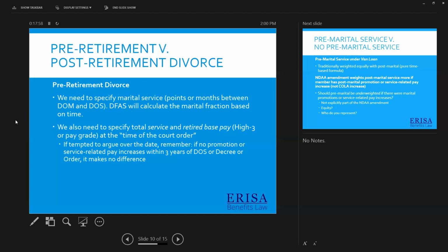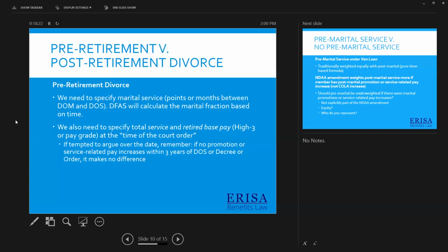So if you have somebody who has capped out and isn't getting any pay increases due to additional service, and hasn't had a promotion in the 3 years before the date of service or the date of decree, then don't argue over that. It makes no difference. It doesn't matter what we use.